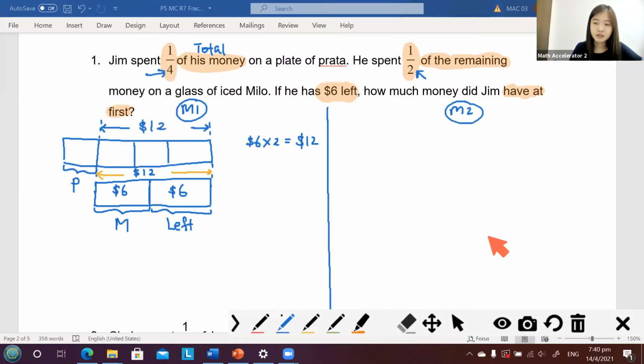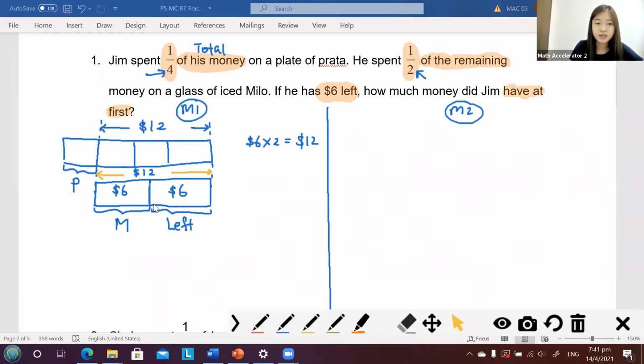But can you tell me in the chat, are each of the units here also $6 in the first model? Yes or no? You can type in the chat. Very good, I see a lot of answers. The majority of you chose no, which is correct. Each of the units in the first model is not $6.